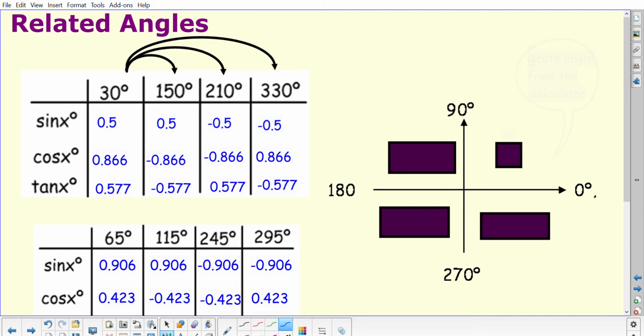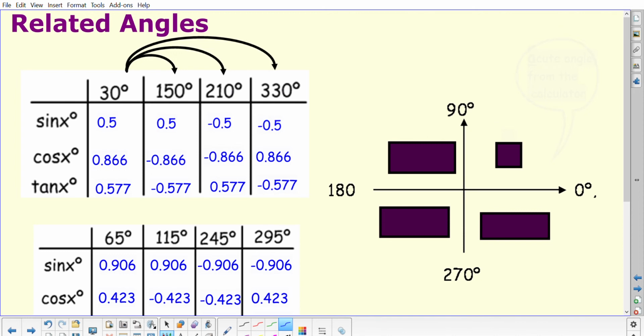However, 2 of them are positive and 2 of them are negative. When you look at the cos, you'll see that the same thing happens. This time it's 2 different ones that are positive. So in the first row it was the sine was positive here, then the cos has got 2 matching ones. So they go in pairs.